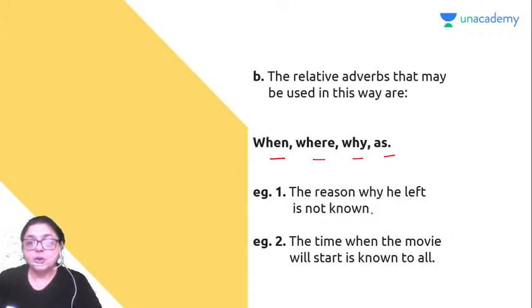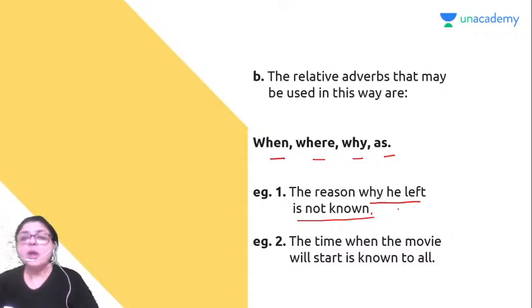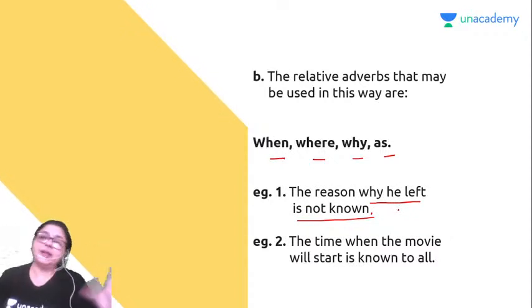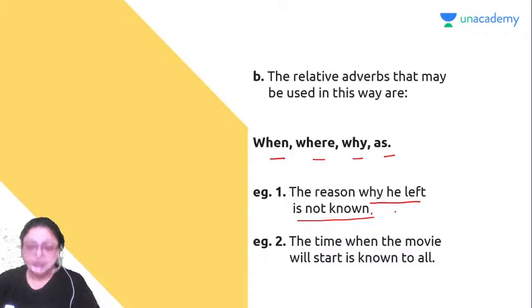So the reason why we left is not known. Now why we left? Left, leaving the place, is my verb, and how I am explaining is not known. So the why, it is my clause over here.